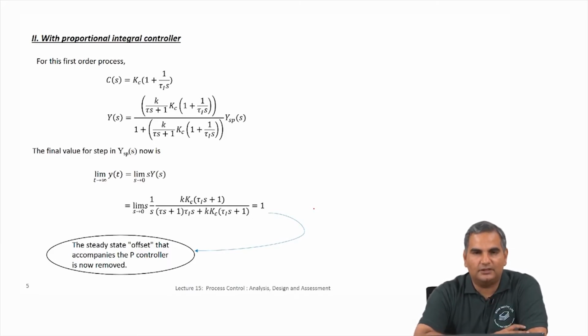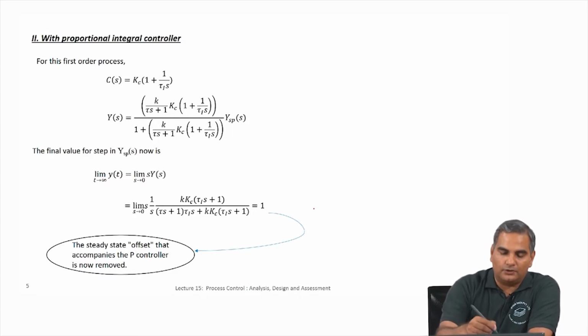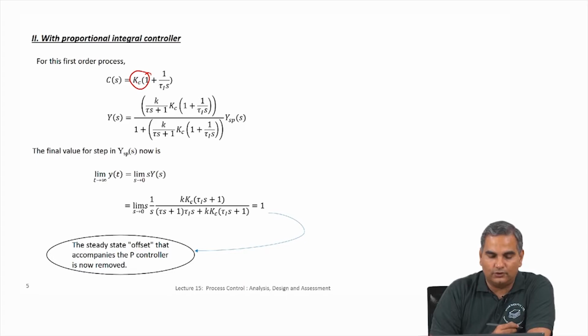The procedure is the same, there is nothing complicated, we simply follow the same equations, except we are going to use the correct equation for a controller when we use a proportional integral controller. Okay. The proportional controller had only one term, Kc. In a previous lecture I had shown you that if I have a proportional integral controller, I am going to do integration of E dt, which basically gives me E(s) over s.